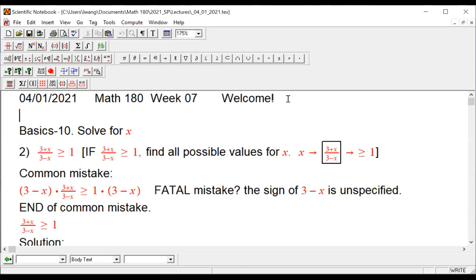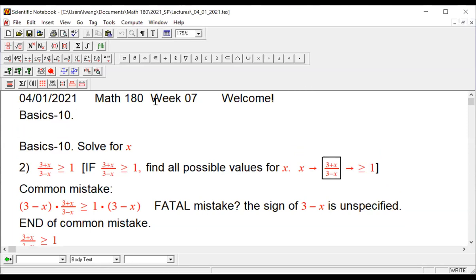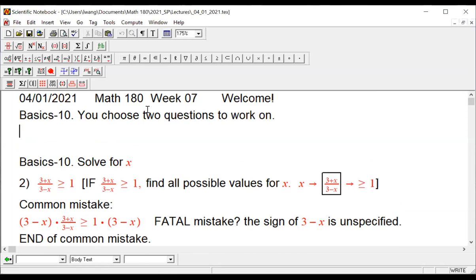How about each one of you choose 2 questions from basic 10 to work on. How much time am I going to give you? I'm going to give you about 5 to 10 minutes, 5 minutes for each question. That should be reasonable.